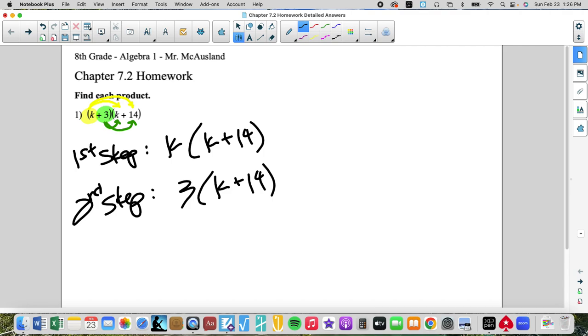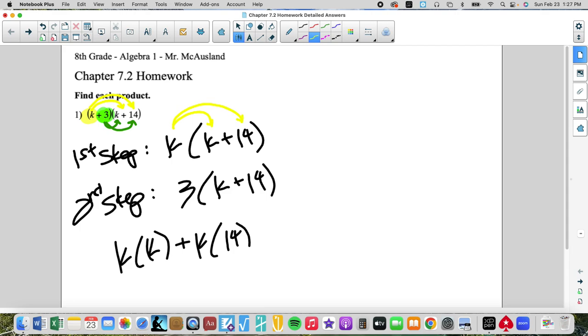So what does that look like if we do that step out? If we look at k times k, and then k times 14. That's step 1. You see k times k, and k times 14. It's just like this.